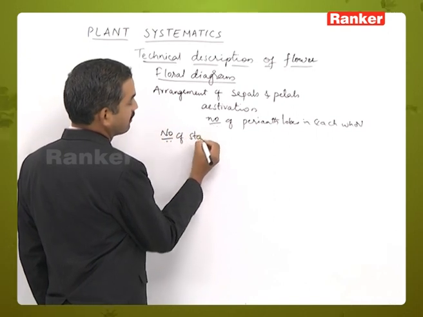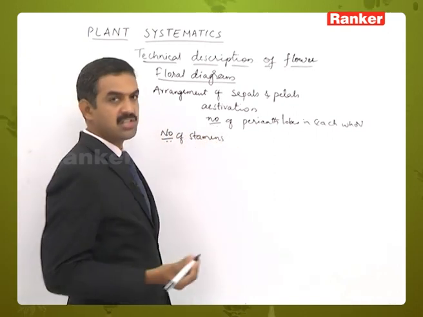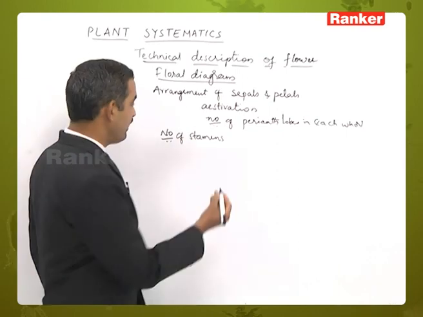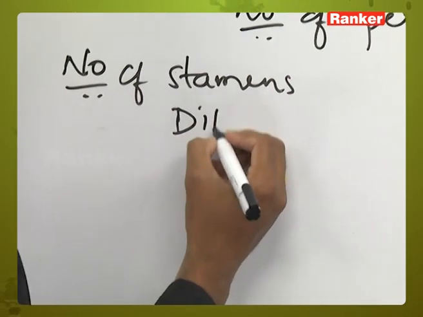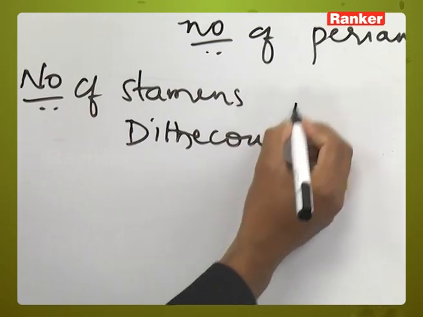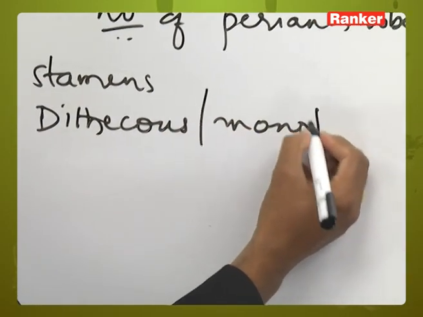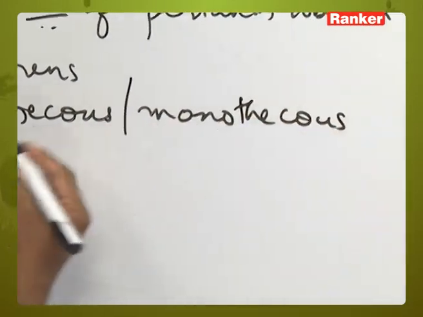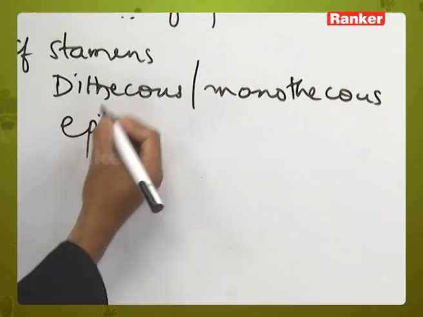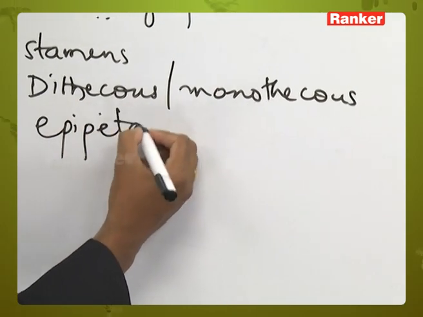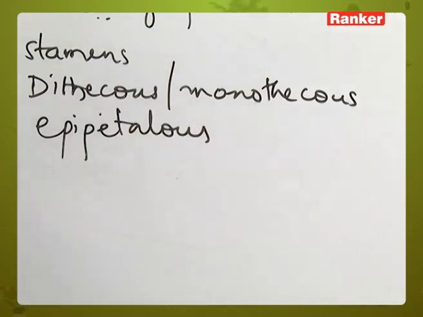Number of stamens present in the flower, and whether the stamens are dithecous or monothecous, that can also be known, and whether the flower is showing epipetalous condition.